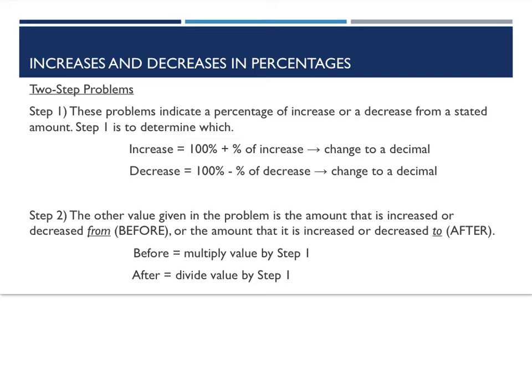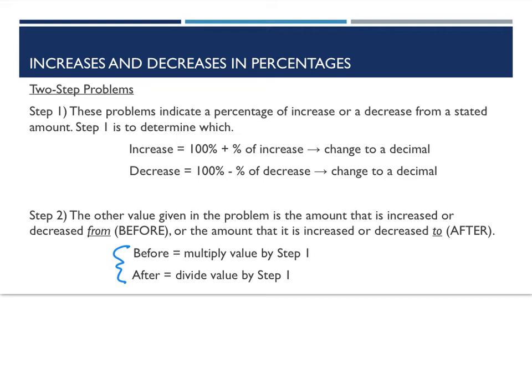That leads us right into what I call the two-step problems. The two-step problems are the ones I was kind of looking ahead for, because this is the idea I was hoping you would figure out on the first day of percent problems. We're going to read these problems and decide whether we have an increase or a decrease.